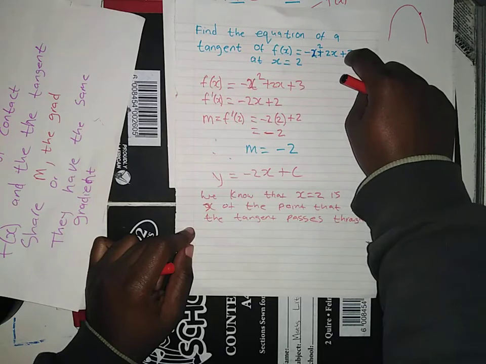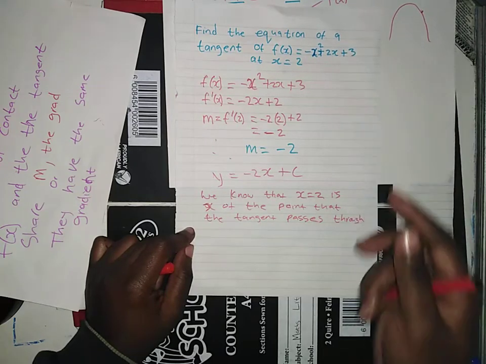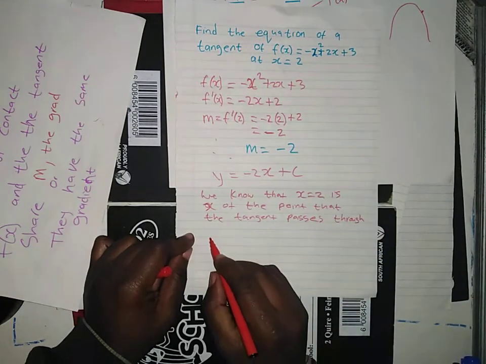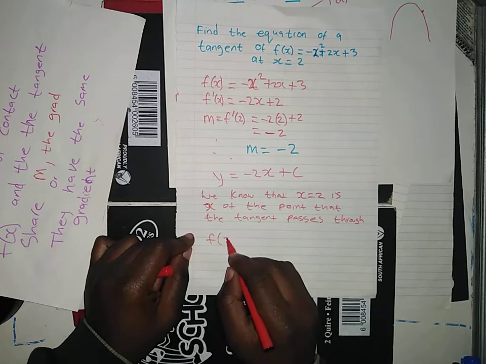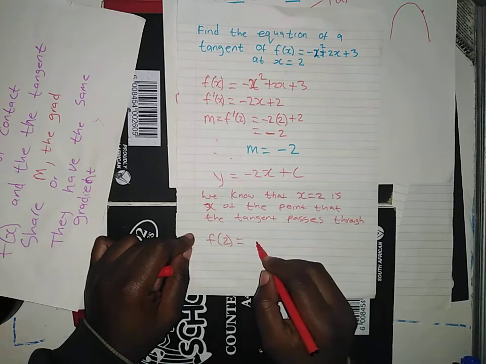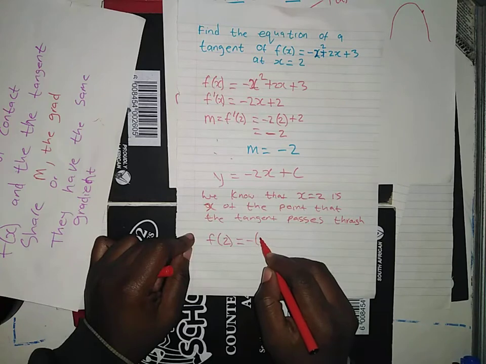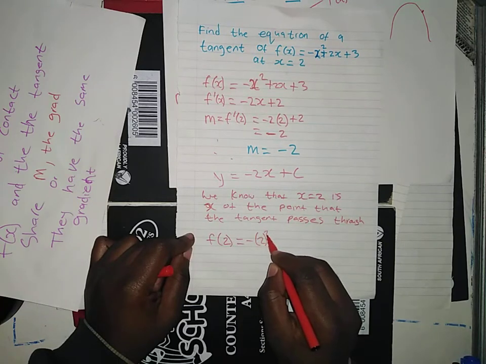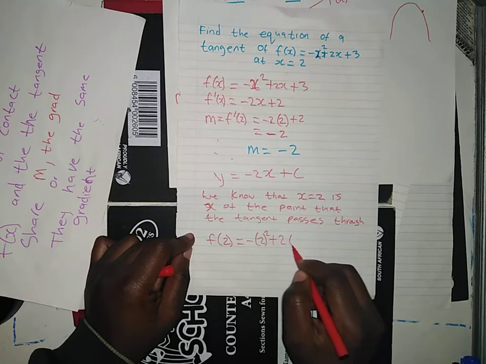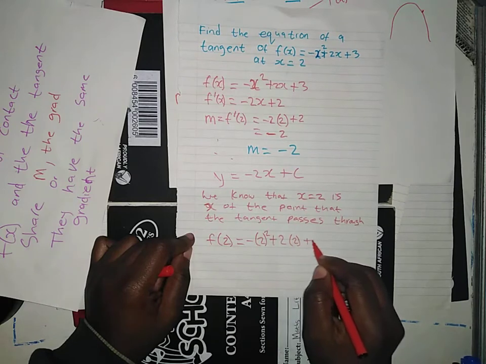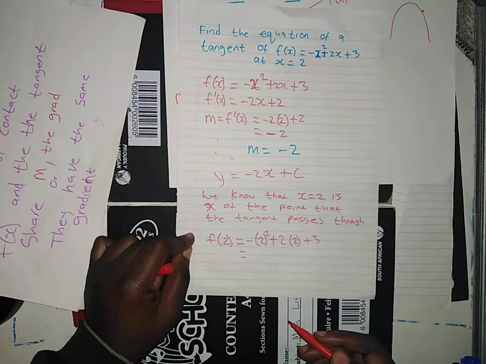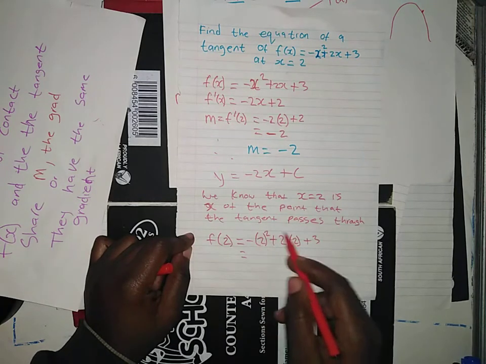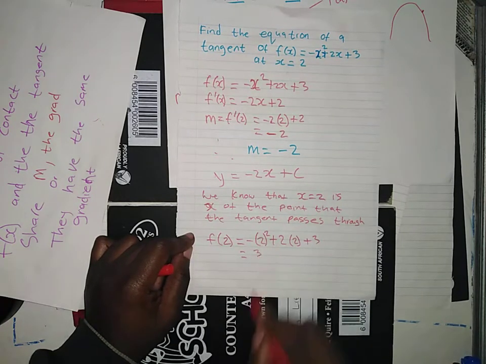Substitute into this equation and find the y value of it. So you will then have f of 2, which is equal to minus 2 squared plus 2 times 2, plus 3. Minus 2 squared is minus 4, and then plus this 4, they cancel each other, and you remain with 3.